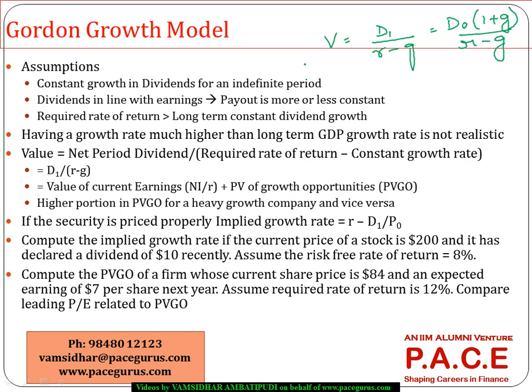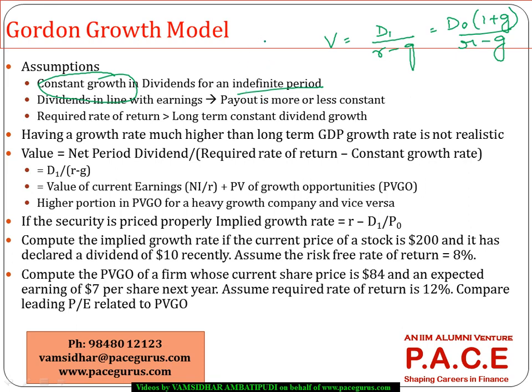So as long as the dividends are growing at a constant rate for an indefinite period, I can very well use this kind of model. The basic assumptions which have gone in: the dividends are assumed to grow at a constant rate for an indefinite period. Dividends are in line with the earnings; generally the payout ratios should be in line with the earnings.